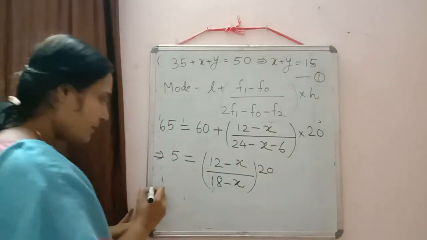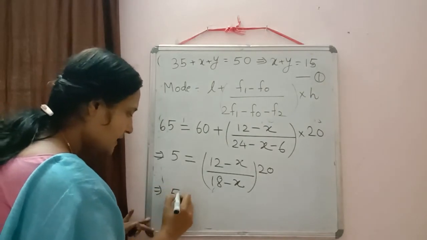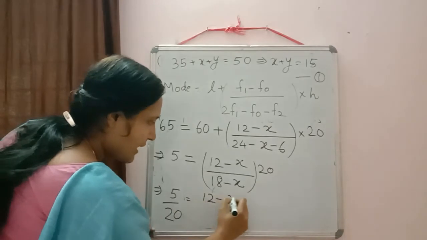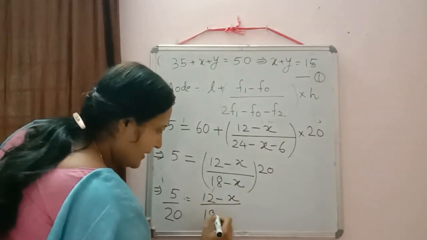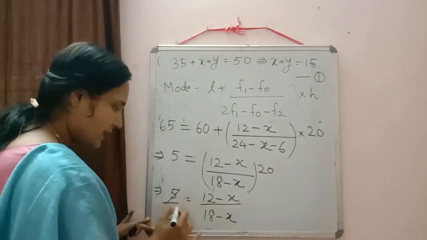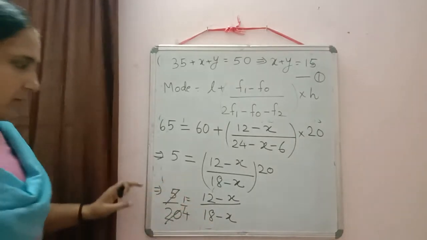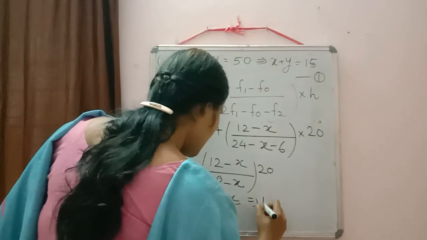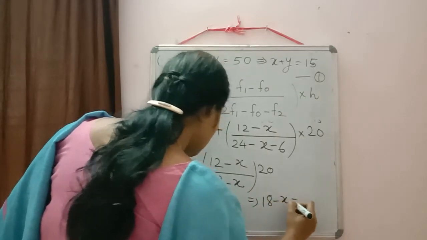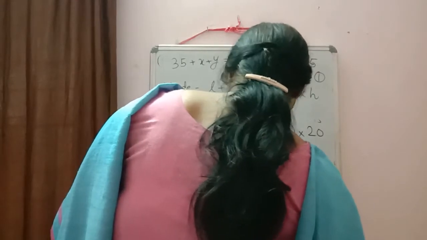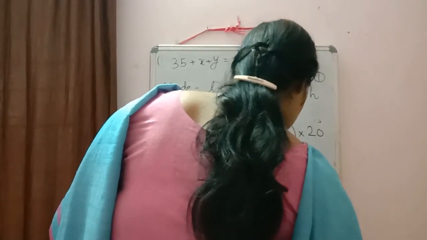Here it is multiplied, so when you change the position, it will get divided. 5 by 20 is equal to 12 minus x by 18 minus x. Here we can cancel these, so 1 by 4 will come. Now do the cross multiplication. Then what will come? 18 minus x is equal to 12 fours are 48 minus 4x.